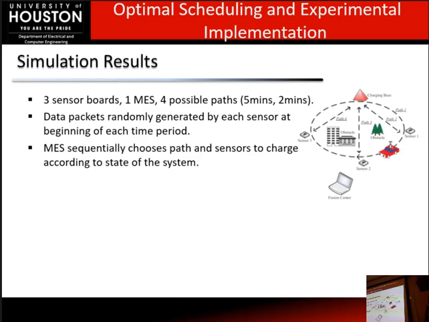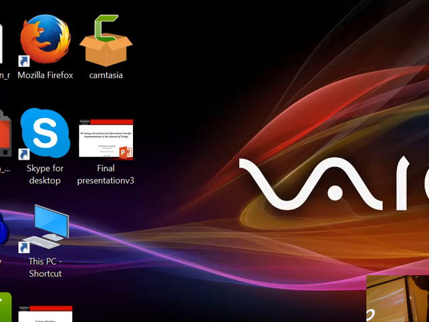So these are the simulation results. My setup was of 3 sensor boards, shown here, 1, 2, and 3. We have a circular path, that is path 1, where the mobile energy station can go and try to charge all 3 sensors.